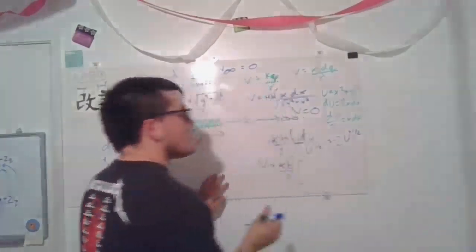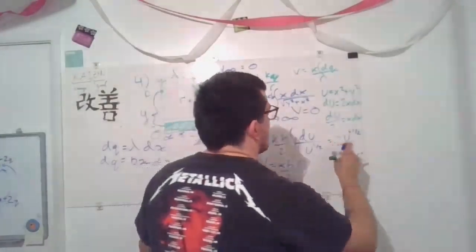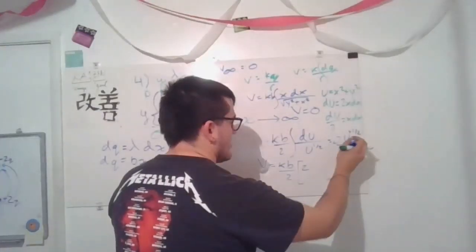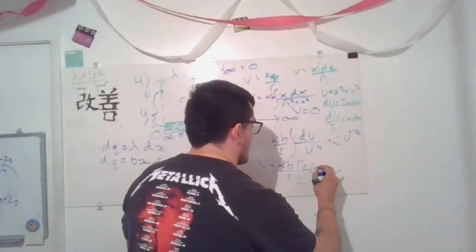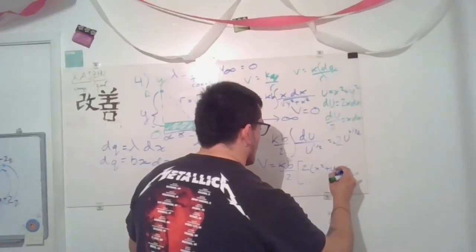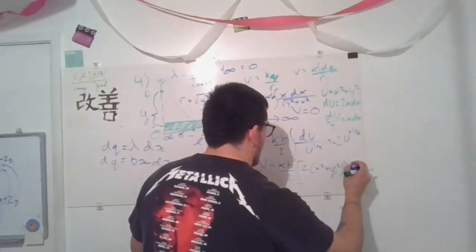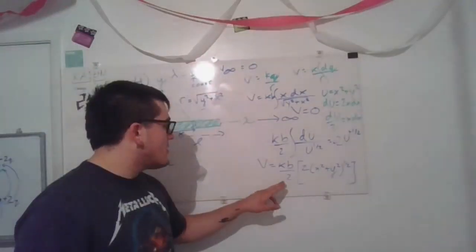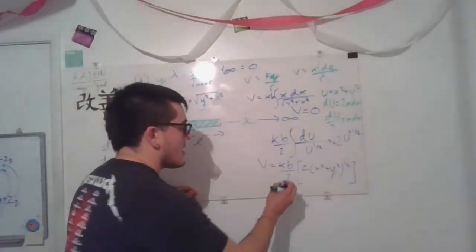It's already going to be a positive, u to the 1/2, x squared plus y squared, 1/2. That cancels.